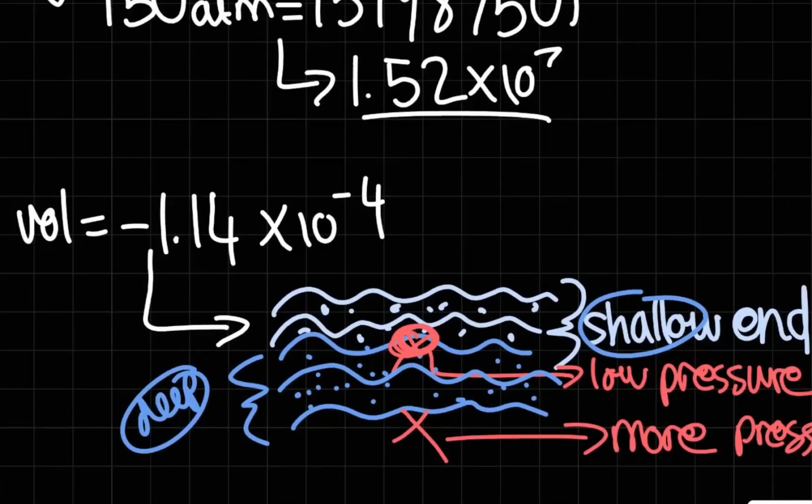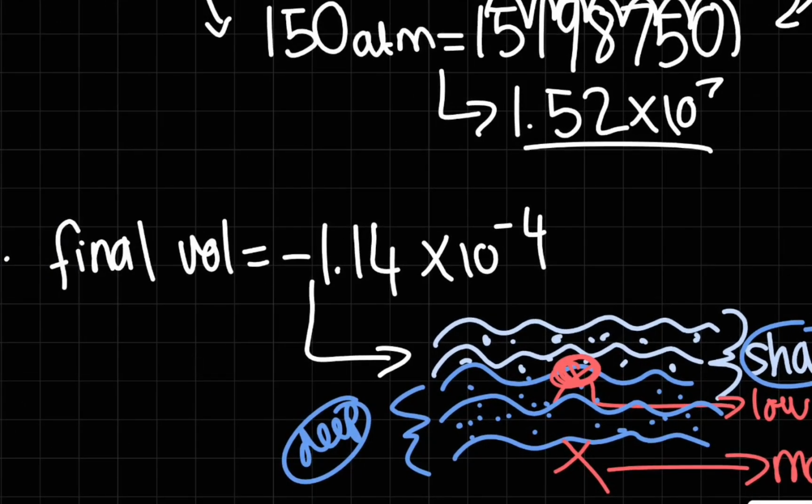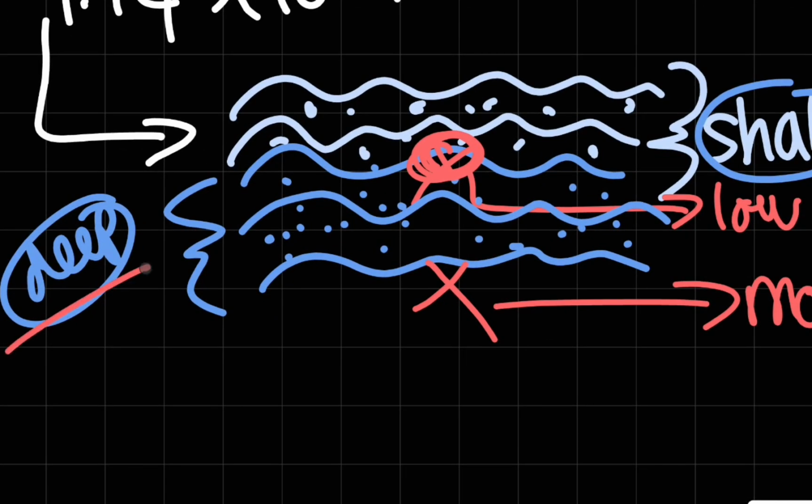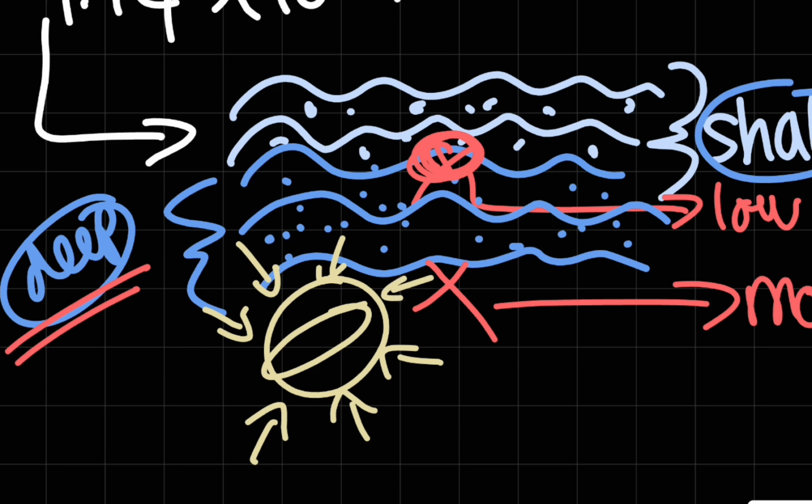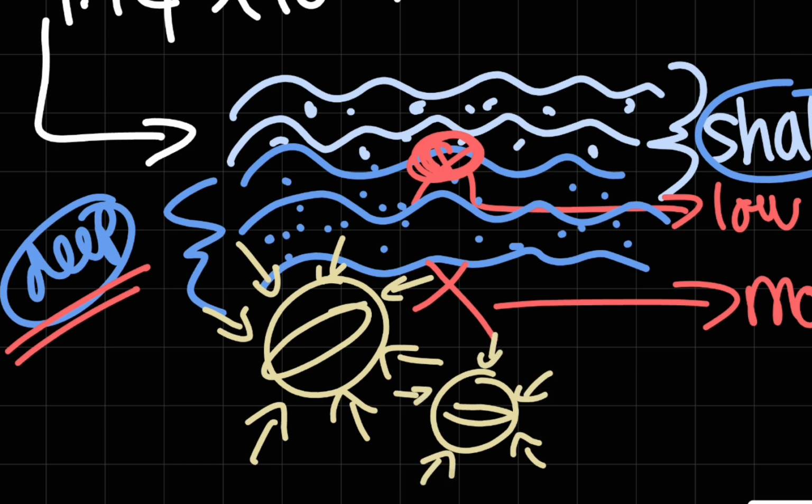So the reason why the volume decreases is because when you get to the deeper end, the particles are compressing the sphere. So you can say the sphere is over here, and it is being compressed. You have force acting on all sides of the sphere. As the forces compress, the sphere would obviously become smaller due to the force, or you could say the stress, it is experiencing.